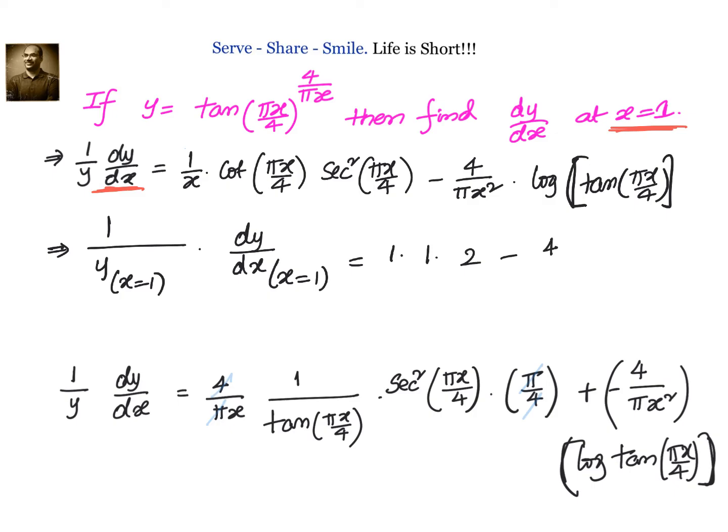Then minus 4/π into log of tan 45 degrees, tan(π/4) equals 1, and log 1 equals 0.